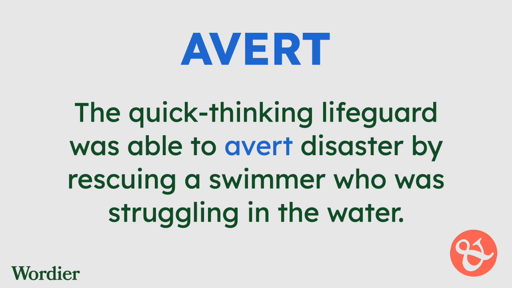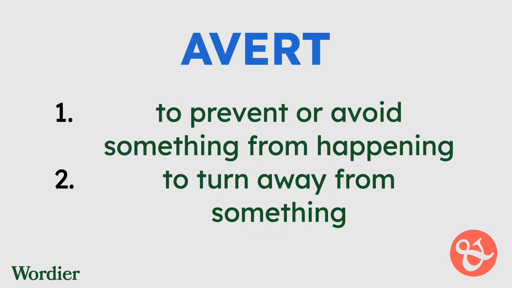So he was able to avert disaster by rescuing the struggling swimmer. So what does the definition for avert say? So avert, we've got to prevent or avoid something from happening, like in that example sentence. So you have turned disaster away from this situation. You could think of it that way.